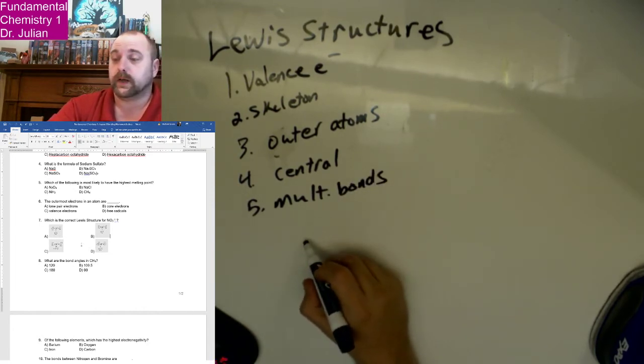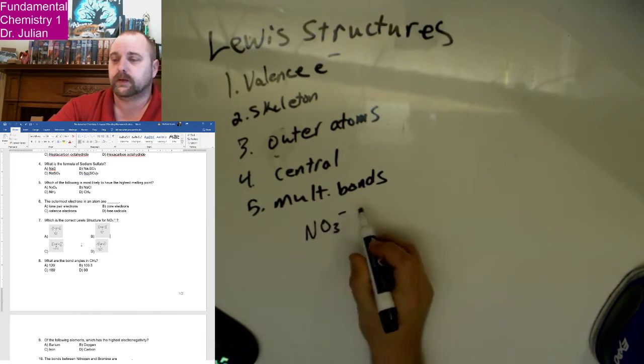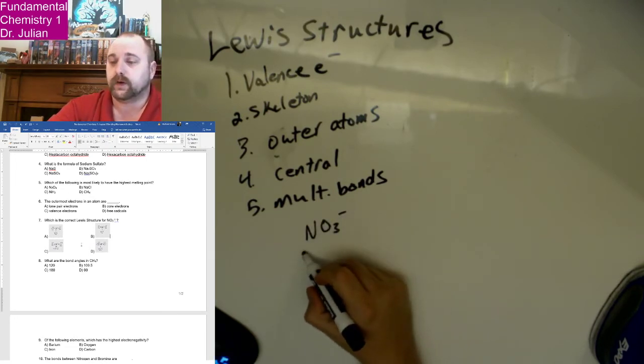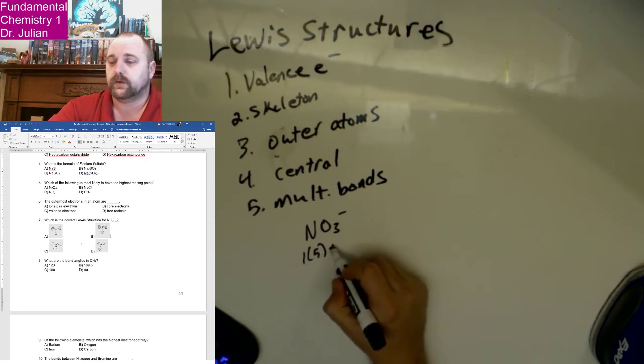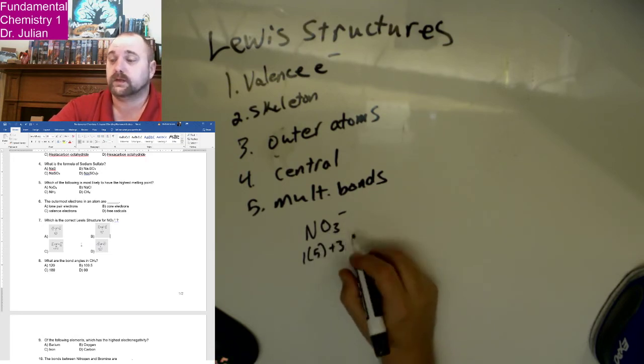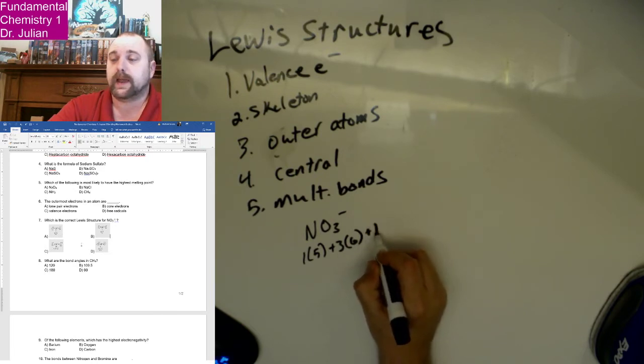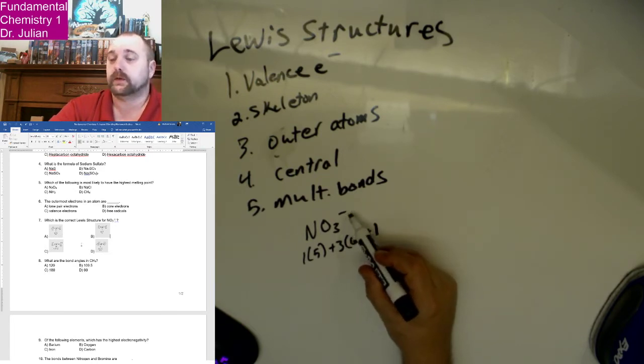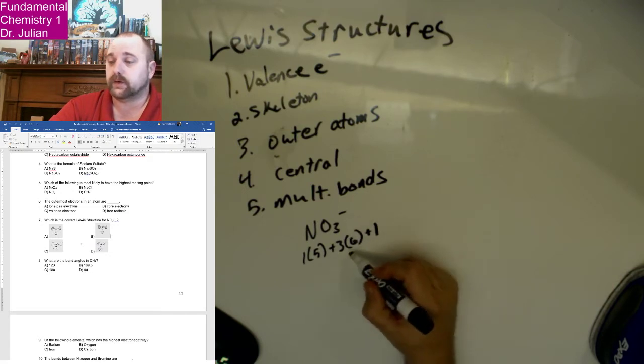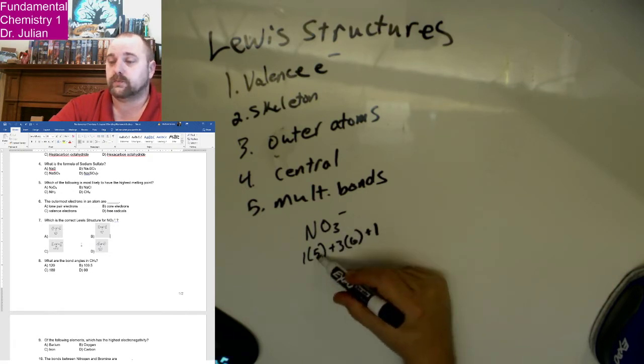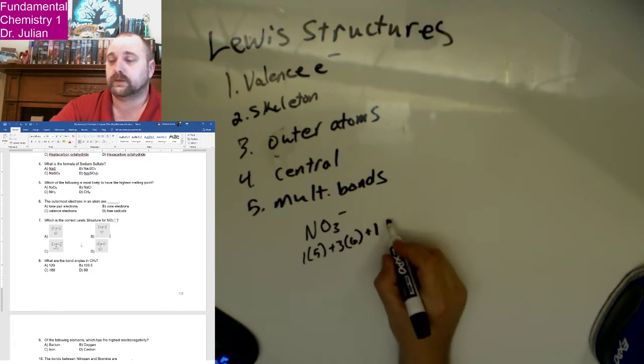So our count, NO3 negative. We've got 1 times 5 plus 3 times, this is group 16, that's 6 valence electrons. And then the negative charge, you're adding an electron. So if you have a negative charge, you add an electron. So this is 5 plus 1 is 6, plus 3 times 6.